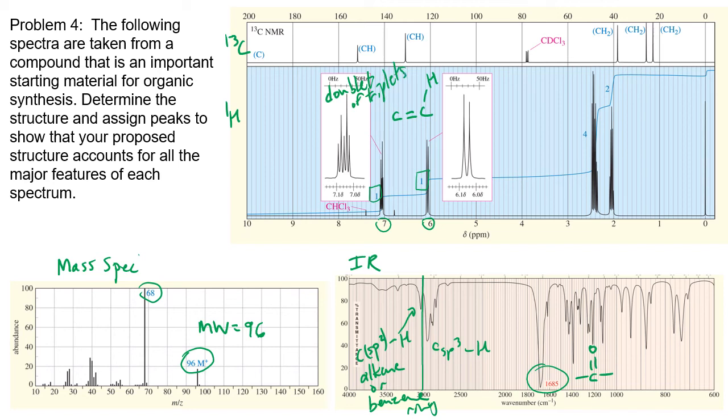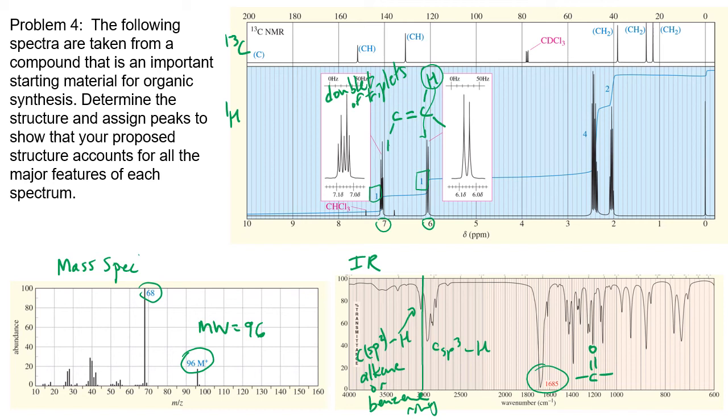This suggests that those hydrogens are probably on different carbons, because one of those must be closer to a CH2 group. So let's say that this is a nice doublet and it is isolated from a bunch of other signals.